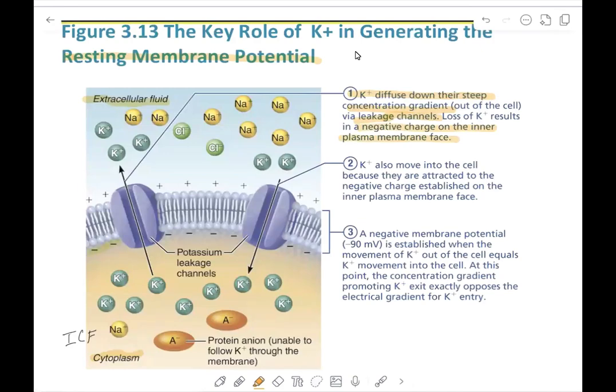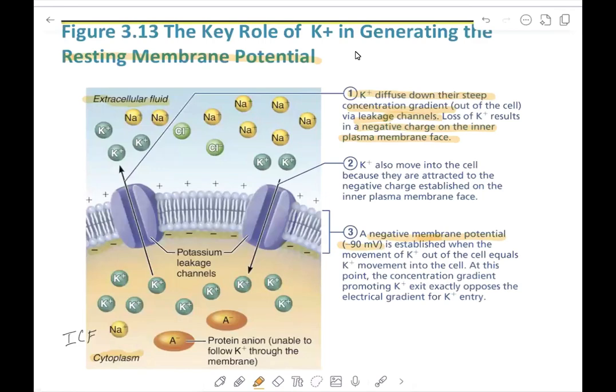When we look here, you can see I'm highlighting the negative charge on the inside of the plasma membrane. Potassium also moves into the cell because it is attracted to the negative charge. Opposites attract. What this ends up doing is creating this negative membrane potential of negative 90 millivolts.